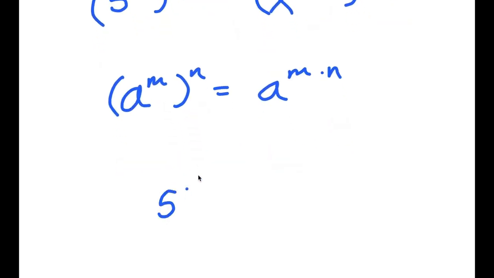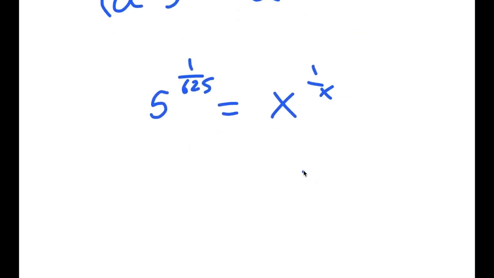So now I'm left with 5 to the power of 1 over 625 is equal to x to the power of 1 over x. Now from here, I want to change my left-hand side so that it's in the form a number to the power of 1 over that same number. So basically, I want these two numbers to be the same, so they align with x to the power of 1 over x. Right now, they're different.